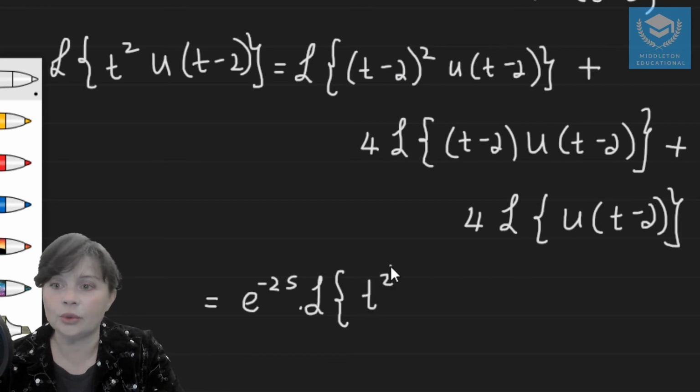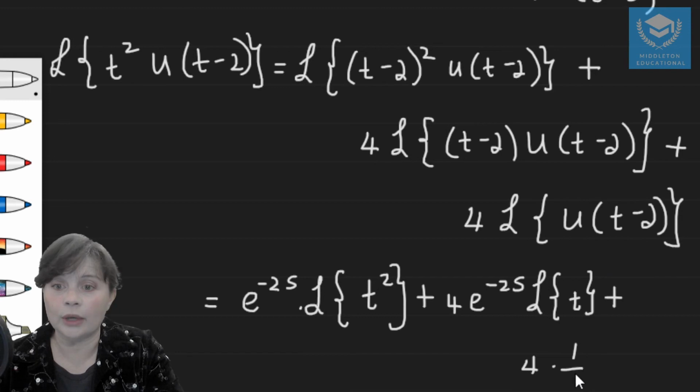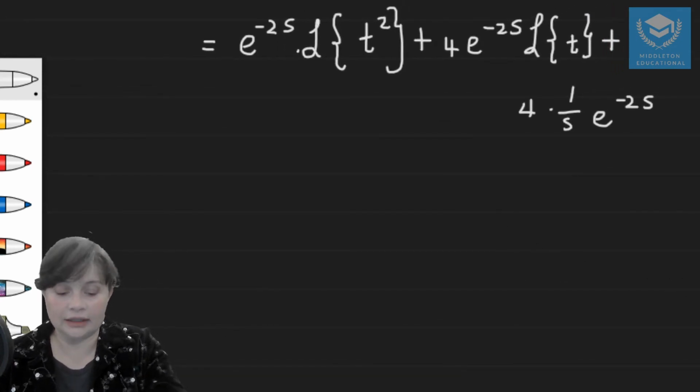You've got t squared left, plus 4 times e to the minus 2s times the transform of your function without the shift. So if you cover up the minus 2, it's just going to be t, plus 4 times, here it is the first theorem, 1 over s times e to the minus 2s.